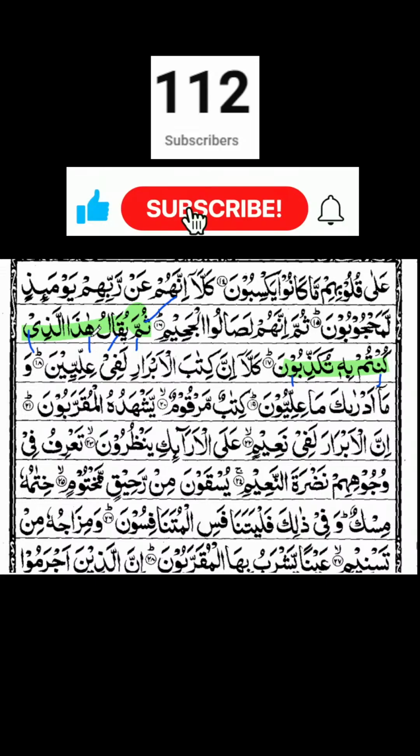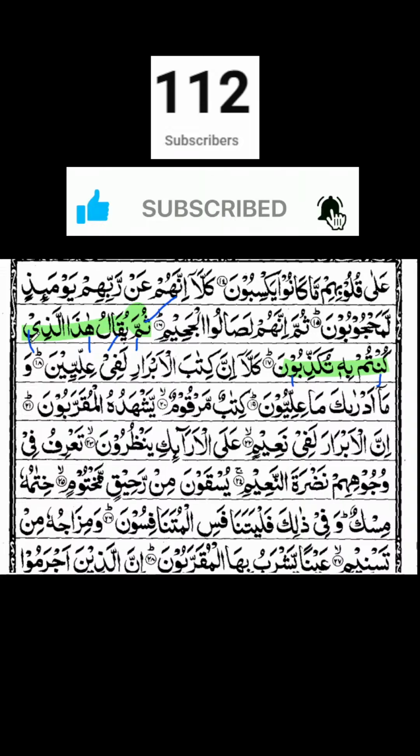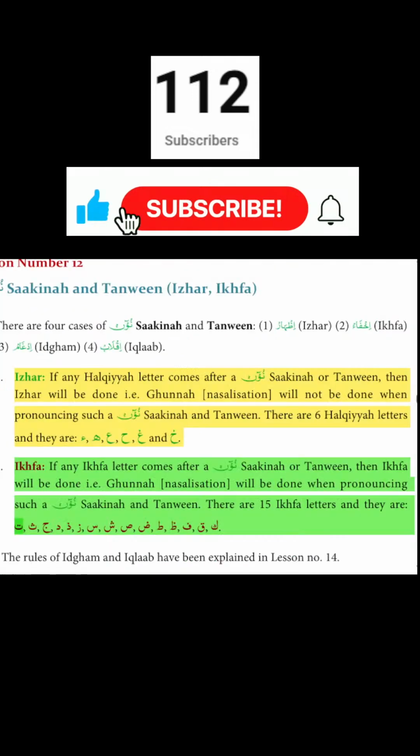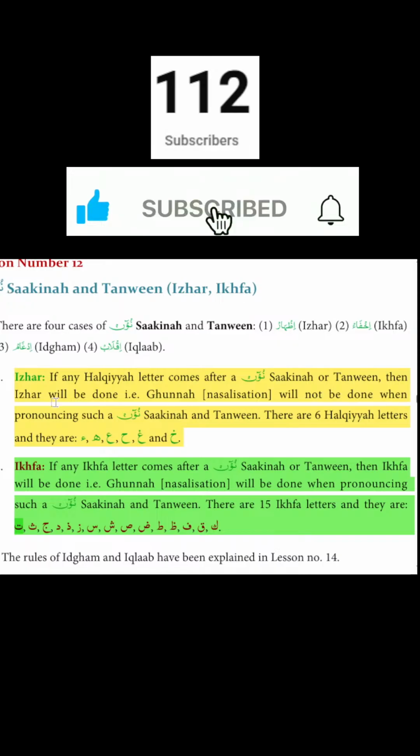So this is the ya madda here, so that's why we are stretching it. Hadha alladhi kuntum. This is noon sakin. There are 4 rules for noon sakin and tanween, and one of them is idgham, as you can see here.